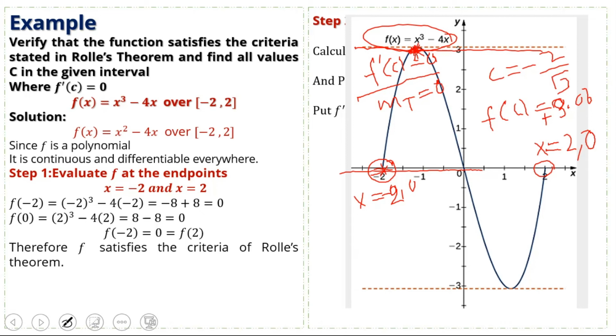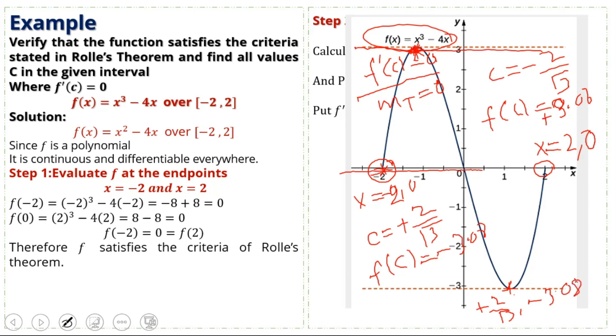When c is equal to plus 2 divided by under root 3, the value of the function at this c is minus 3.08, and this is the point, plus 2 divided by under root 3 and minus 3.08.